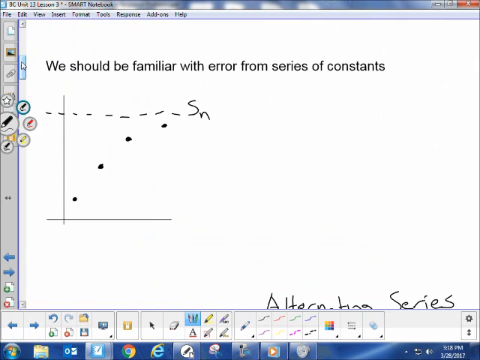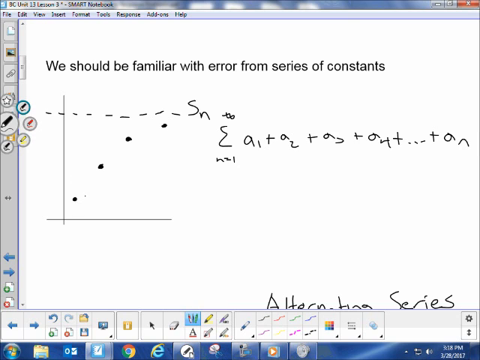Okay, and we should be familiar with error from a series of constants. Take a typical series where we are adding our terms. We had A1 plus A2 plus A3 plus A4 all the way to AN as n approaches infinity, where n starts at 1 and goes to infinity.